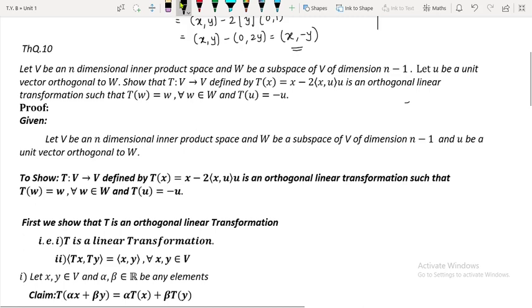So I'll say consider T of alpha x plus beta y. See how the map is defined.